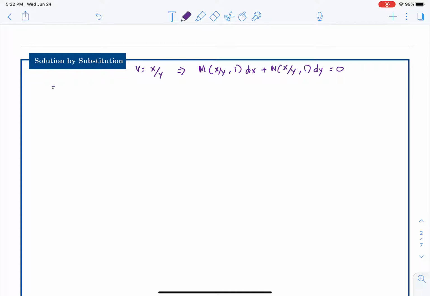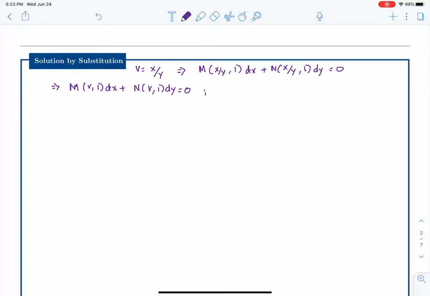I could rewrite it in terms of the substitution: M of v comma 1 dx plus N of v comma 1 dy equals 0.